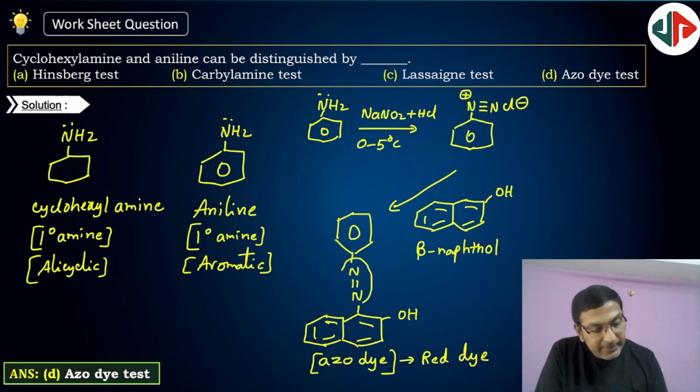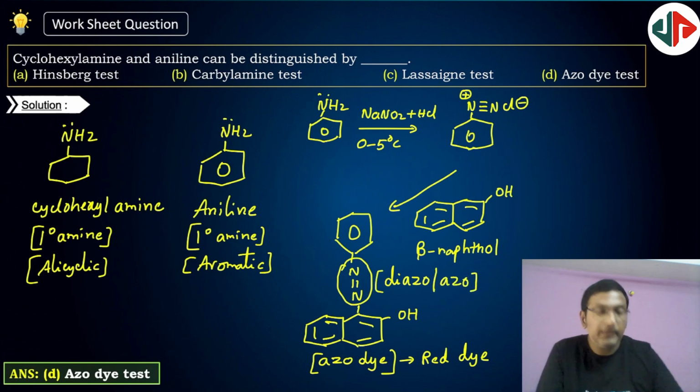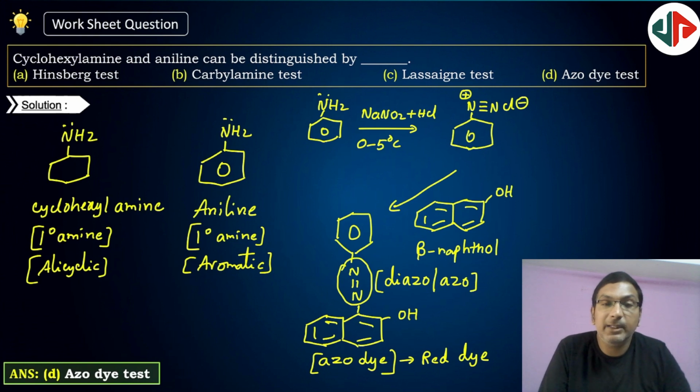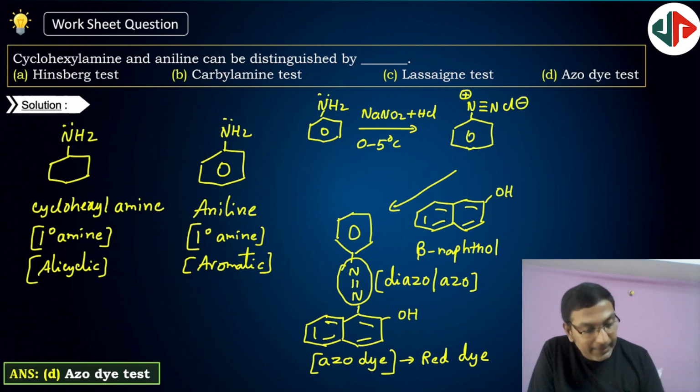So this linkage will be azo linkage or diazo linkage. This is a confirmation test for aromatic primary amines. Aniline, this. And this one, benzene diazonium chloride.